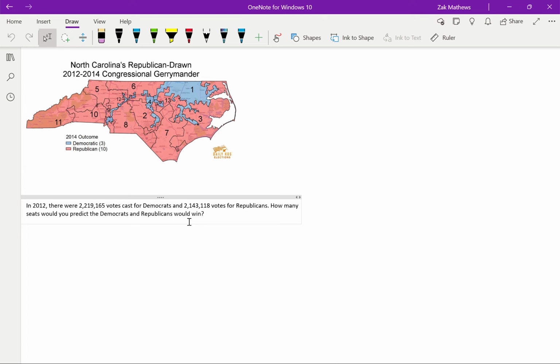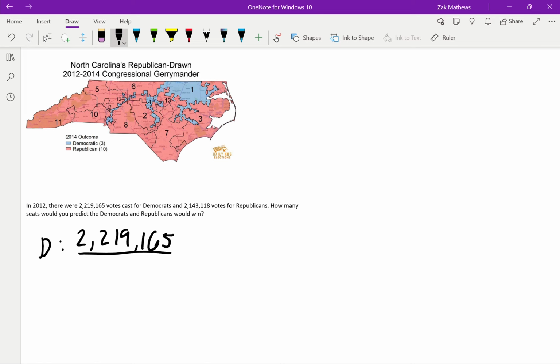There are a total of 13 seats. So if we look at the ratios, Democrats won 2,219,165 out of, if you add those two numbers together, a total of 4,362,283 votes.